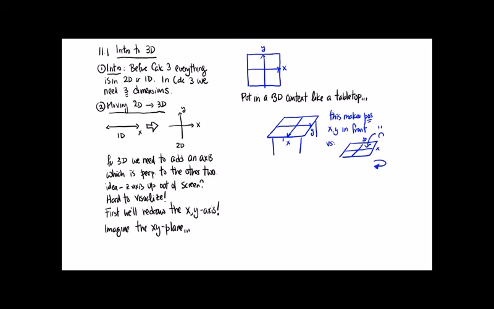So this is the picture, let me circle this, that you want to have in your head. Then what we'll do is create a z-axis that goes vertically. So we'll introduce a vertical z-axis.